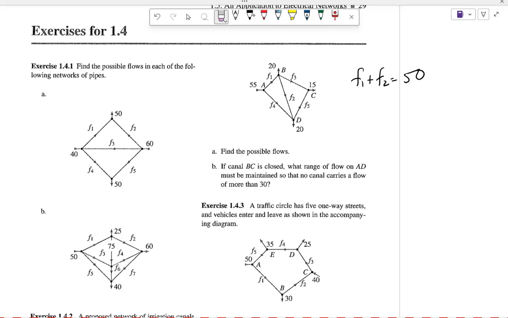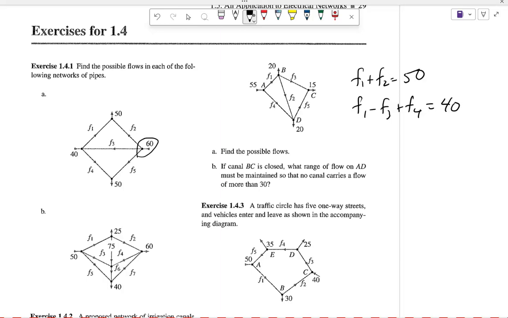What comes out? F1 and F4. So what equation would you have? Good. I like how you already put it into the form that you would need to put all your variables on one side, right? I can think of it as F1 plus F4 equals 40 plus F3, and then subtract the F3 over. Okay.